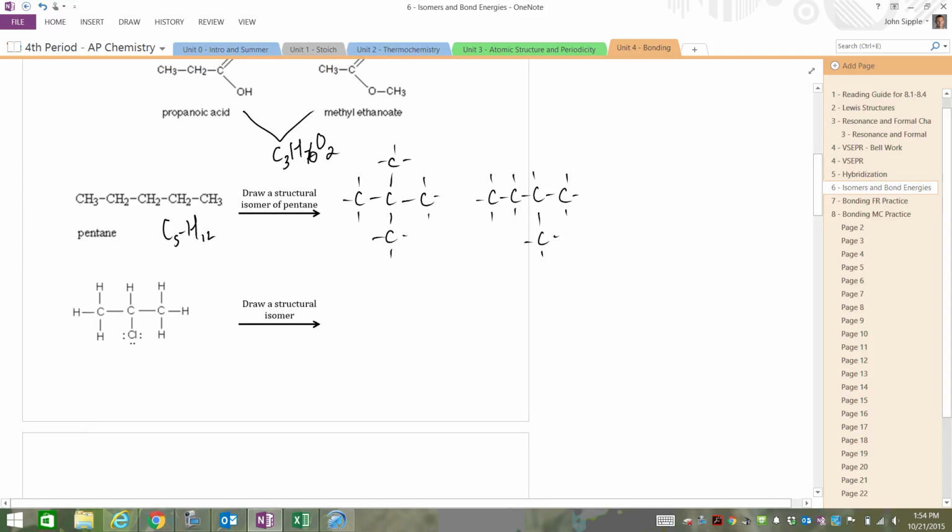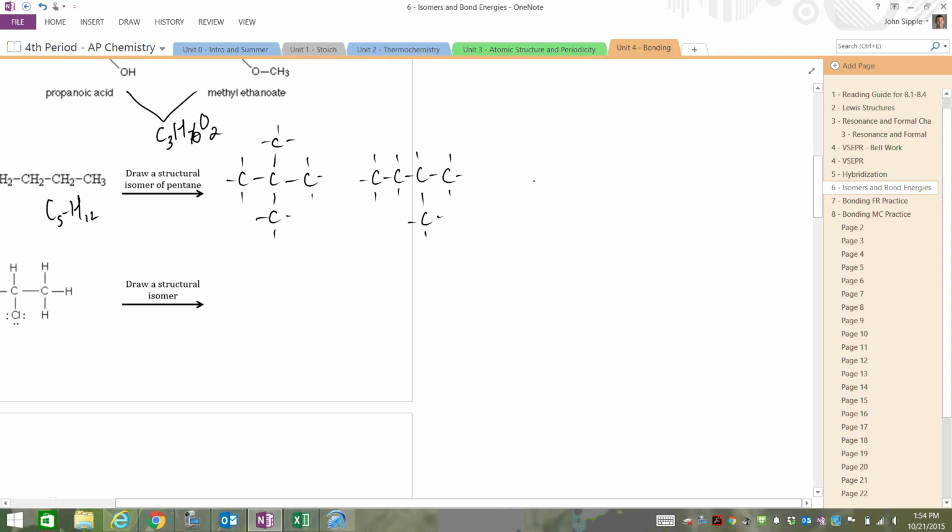What's an example of one that we can draw that's not an isomer? What if I drew it like this?